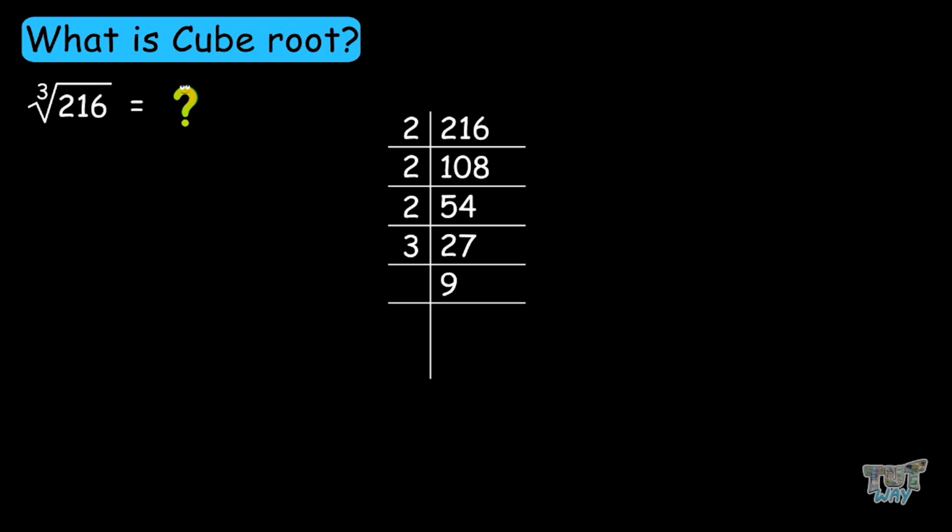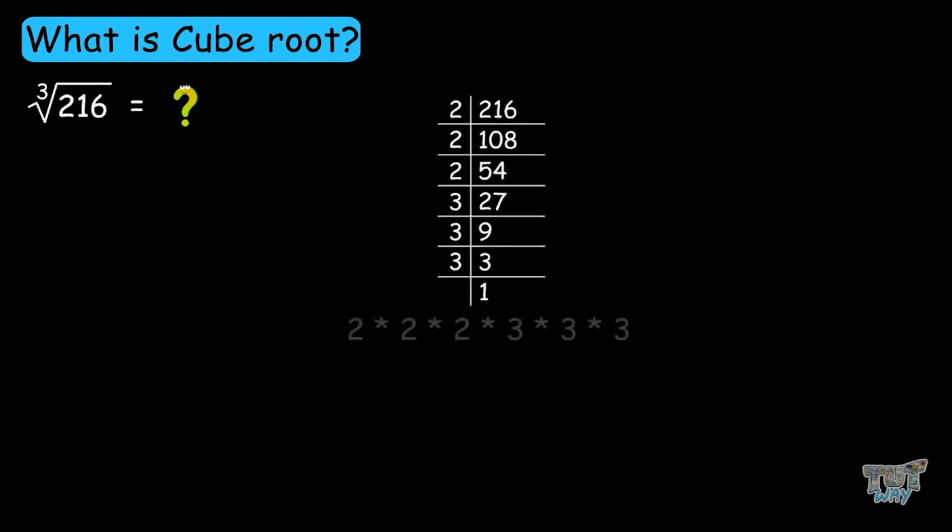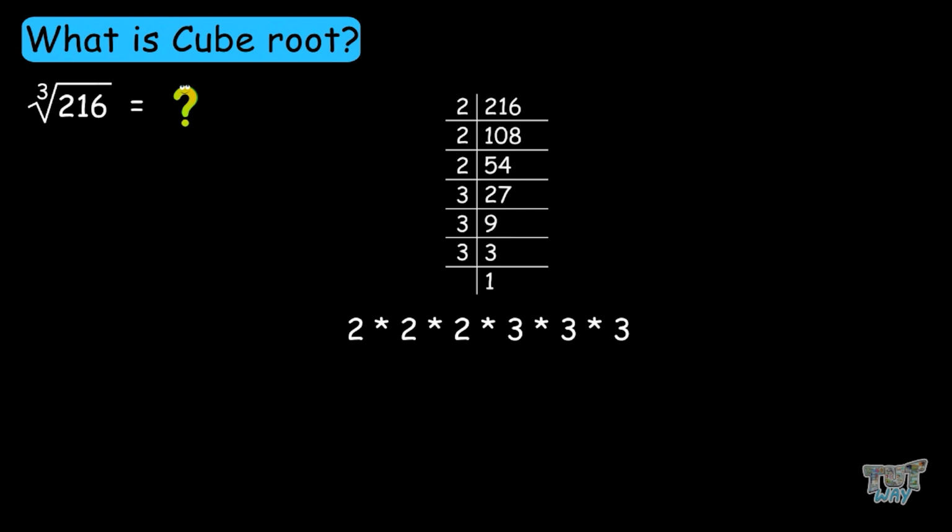9 is also divisible by 3, so we will use 3 again, and we get 3. Use 3 again to get 1. And now we know the prime factorization ends when you get 1. So prime factorization is 2 times 2 times 2 times 3 times 3 times 3. Now what do we have to do?